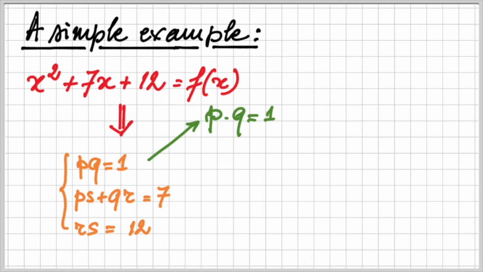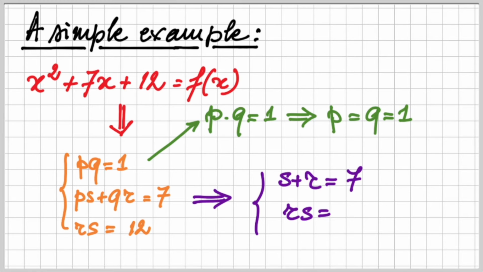Based on the fact that p times q is equal to 1, it also results in the fact that p is equal to q is equal to 1. Then we can simplify the expressions because we can replace p and q in ps plus qr, and we find s plus r is equal to 7, and rs is 12. So this is also called the sum and the product formula. In other languages, you may have a specific name for this.